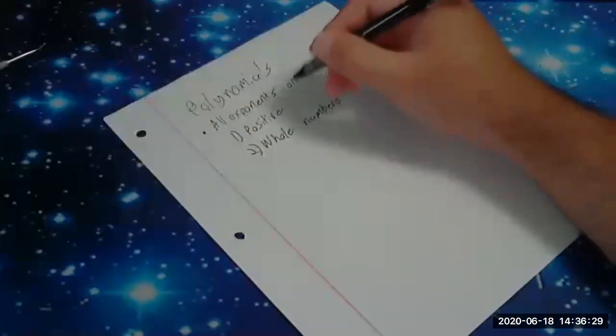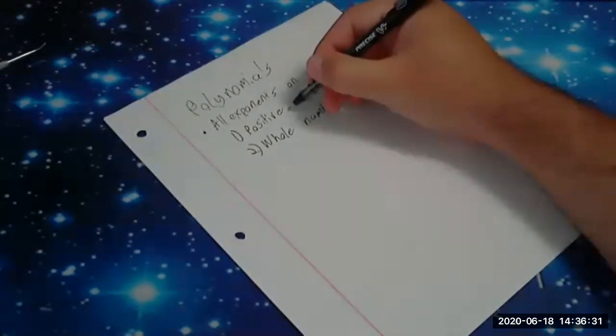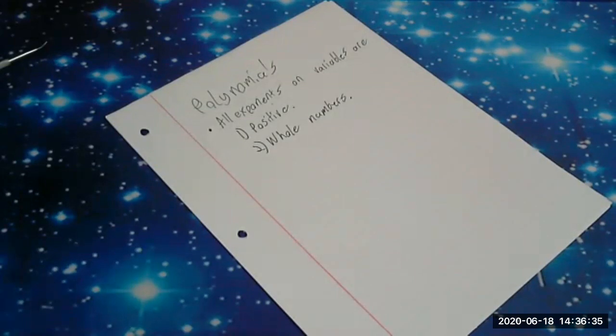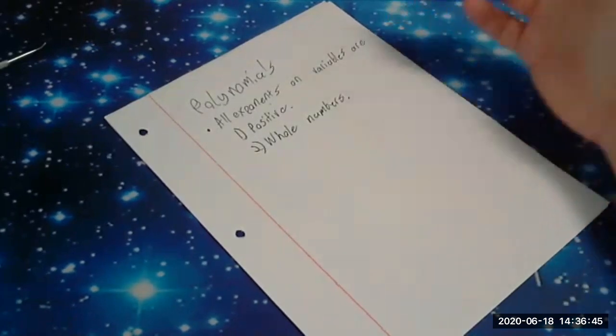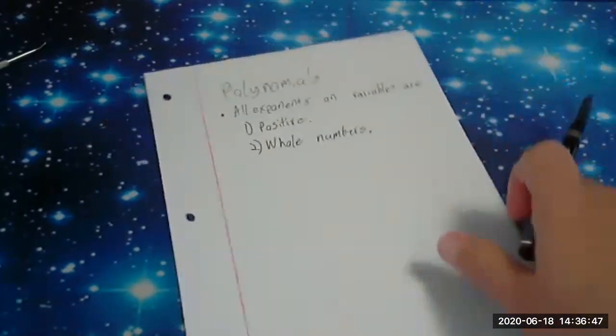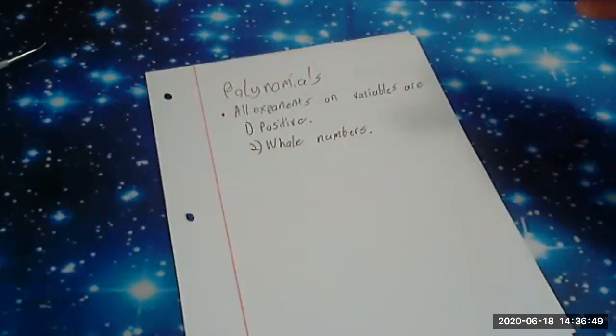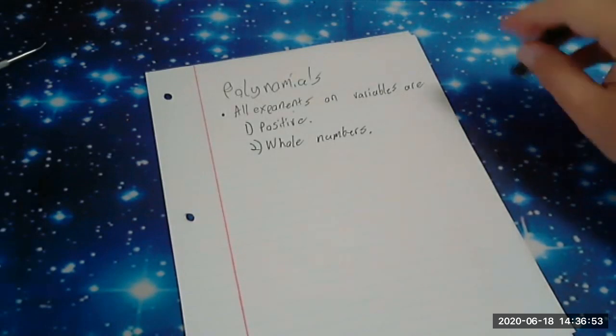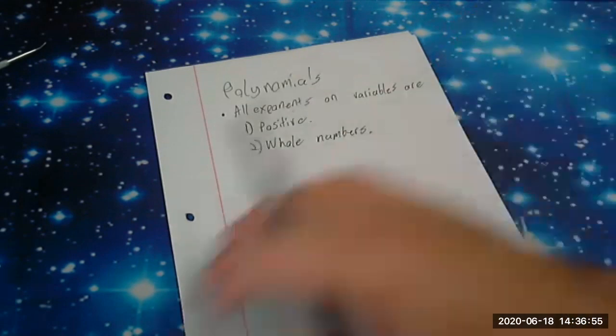Okay, so this is kind of a shortened way of saying it. The more technical definition means that there are no variables that are in the denominator, and there are also no roots or radicals with variables.